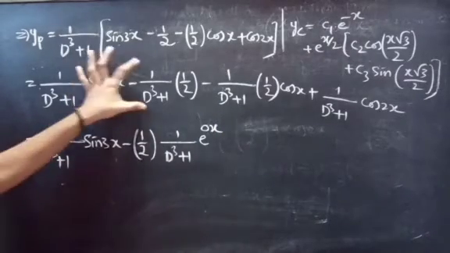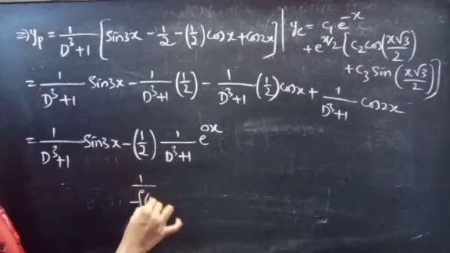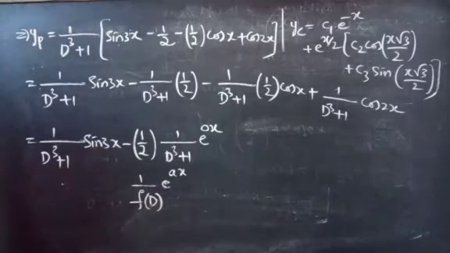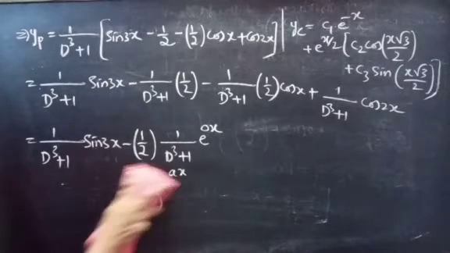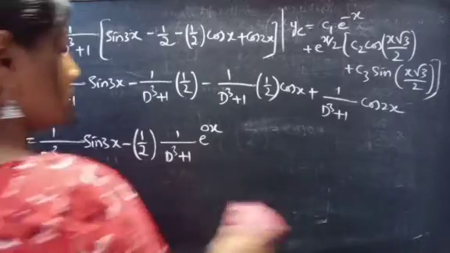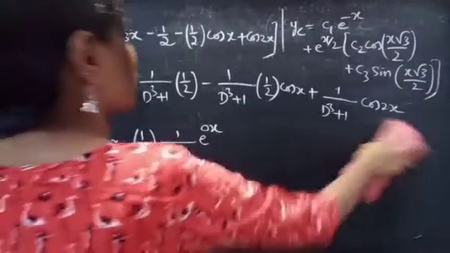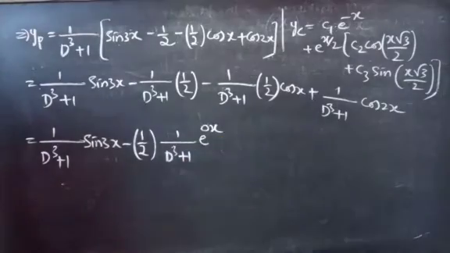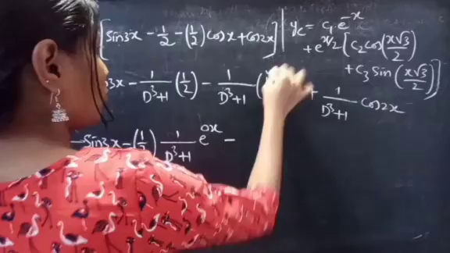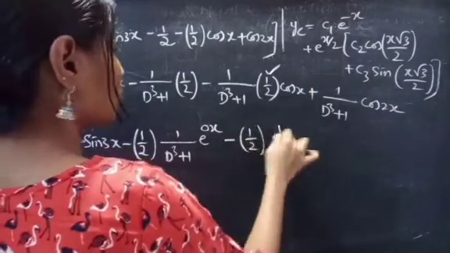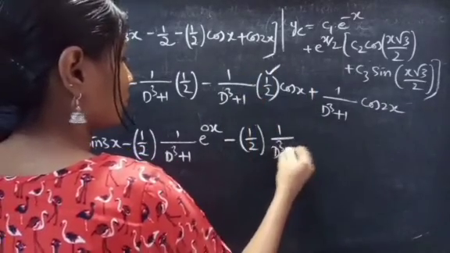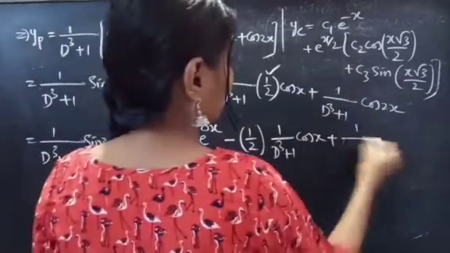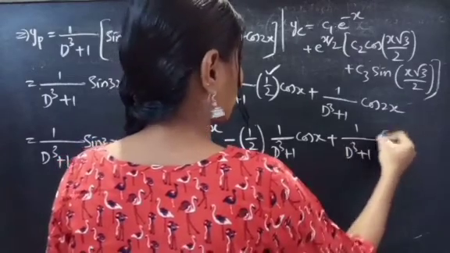We'll write it in 1 by f of D into e power ax form since we got a constant, and we don't have any function in polynomial like x square, x cube or like that. So we'll take e power 0x, minus one constant into 1 by f of D, into cos x plus 1 by f of D into cos 2x.